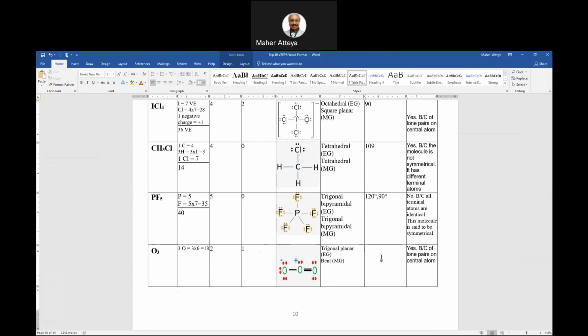It will be less than the trigonal planar 120, less than 120 degrees.